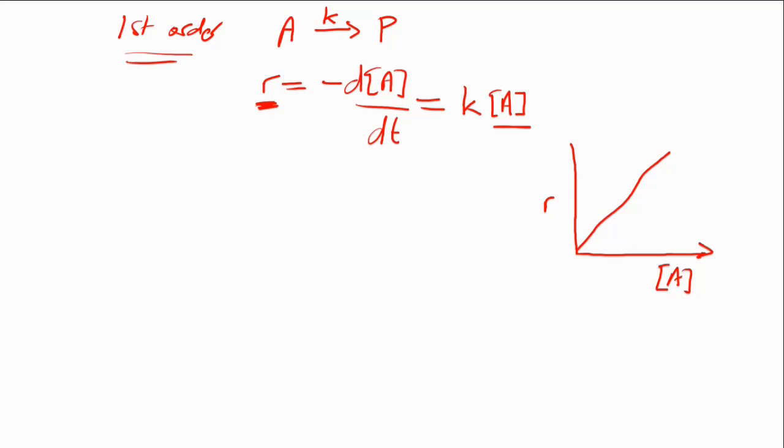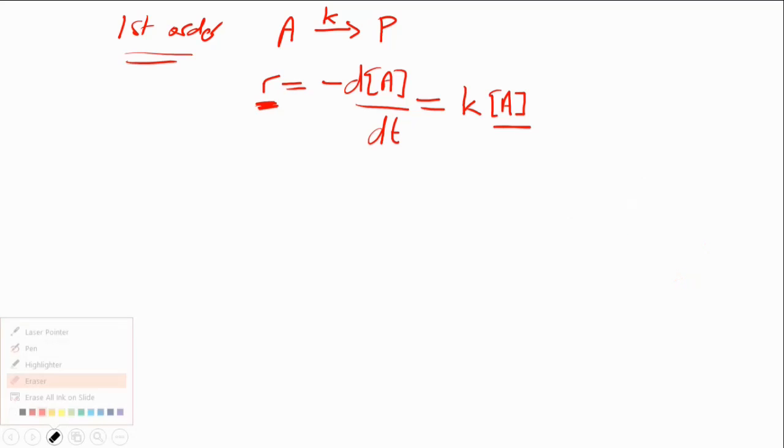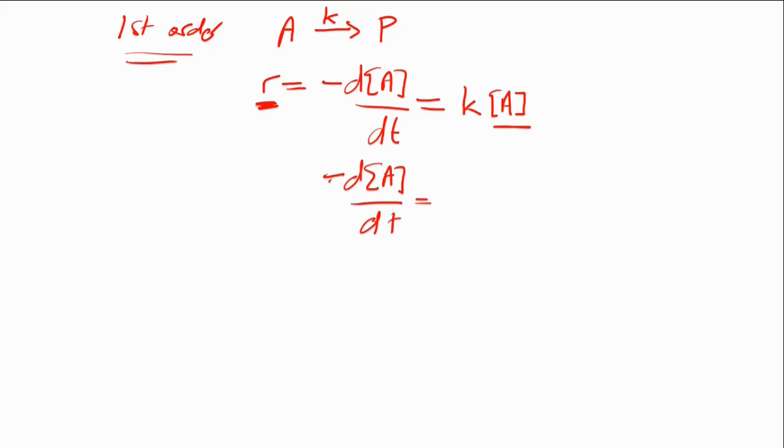All right, let's get back to the integrated rate expression. Let's see how we can play around with this rate law to get something that could be useful. Okay, now what we can do first of all is to just take this one, minus dA over dt is equal to Ka.